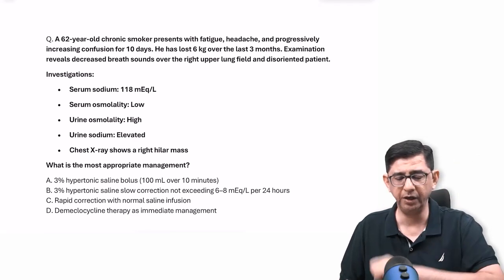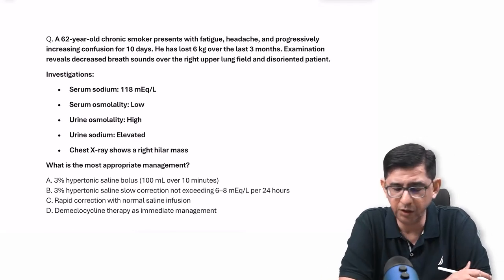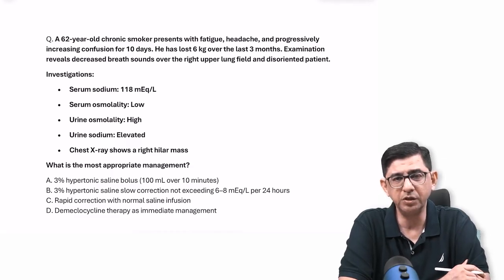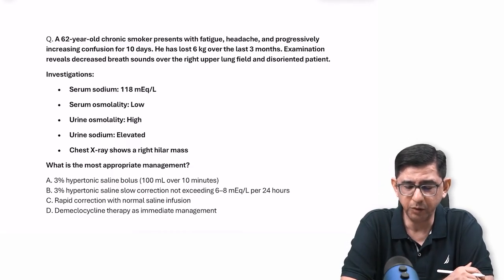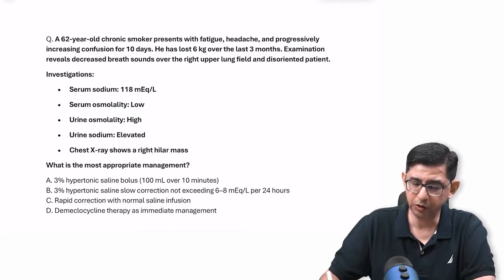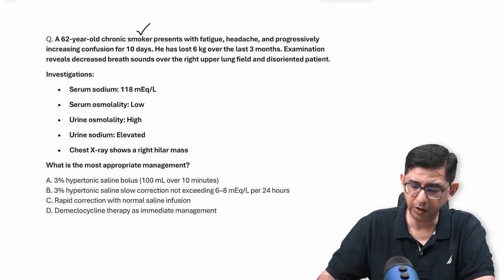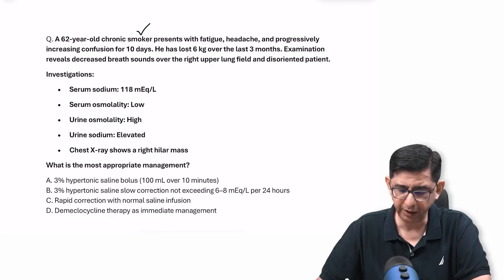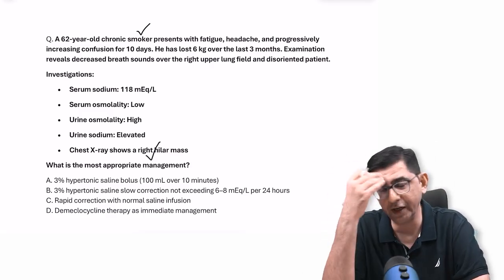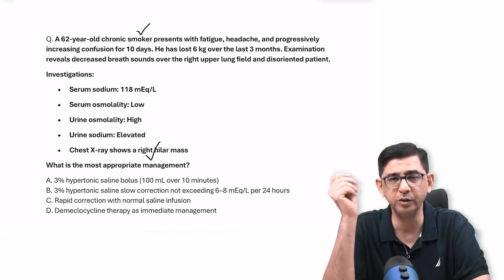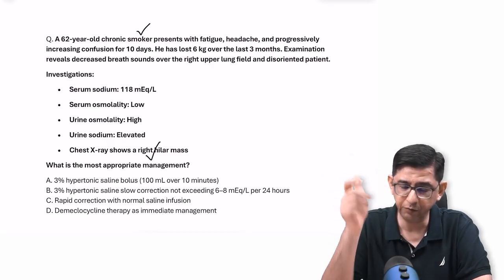A smoker presents with fatigue, headache, and increasing confusion, including loss of weight. So he's trying to tell you about a possibility of a malignancy, because he's talking about a smoker. X-ray shows a hilar mass. So a right hilar mass in a smoker indicates a possibility of malignancy, along with loss of weight.